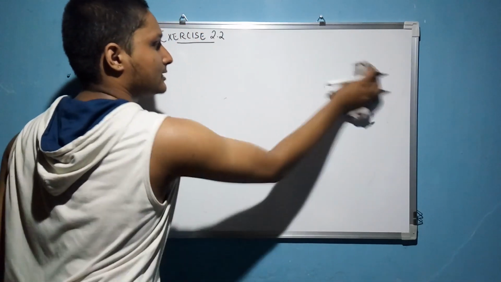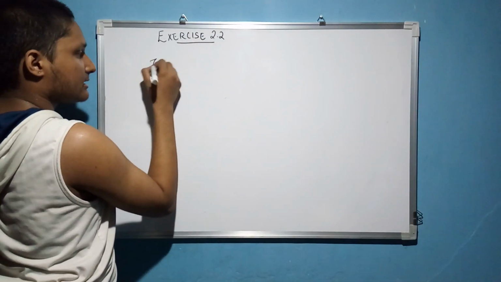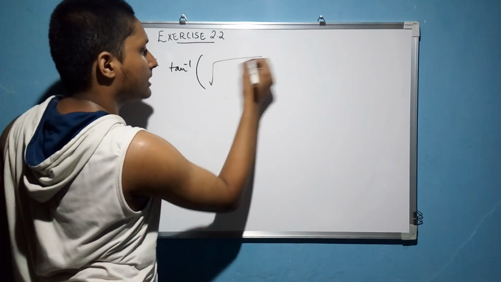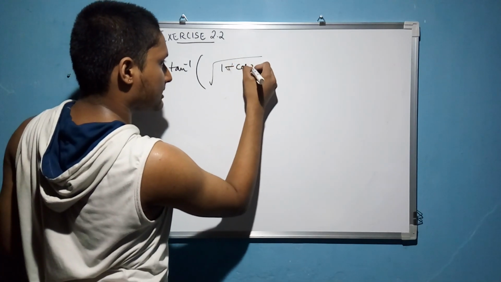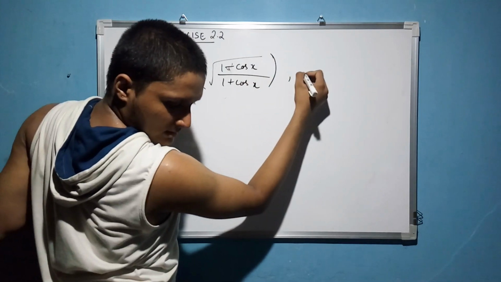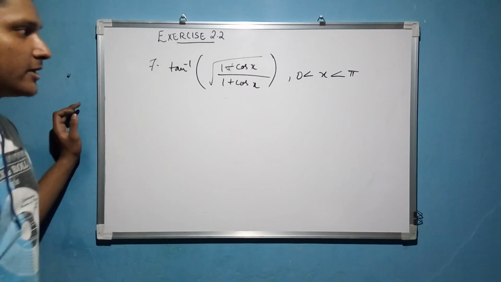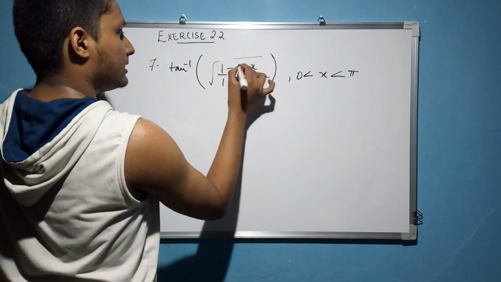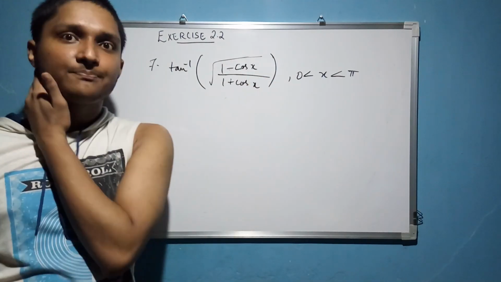Now we have the 7th question. The 7th question is all about tan inverse again. But here substitution is not required because it is already given: tan inverse root of 1 minus cos x divided by 1 plus cos x, when x is in between 0 and pi.